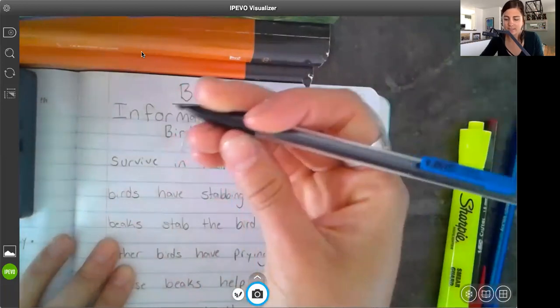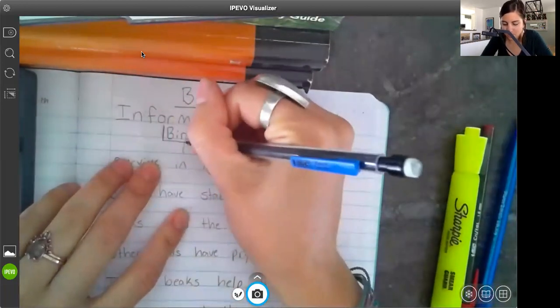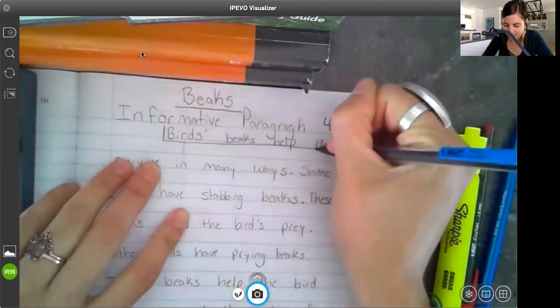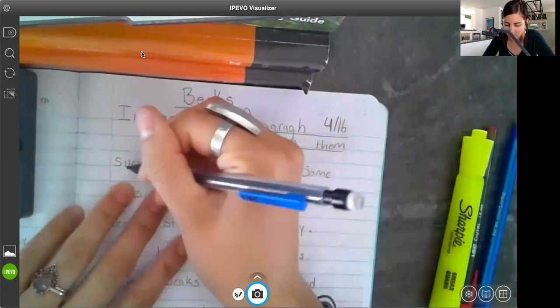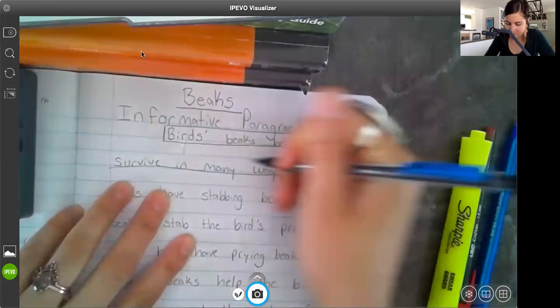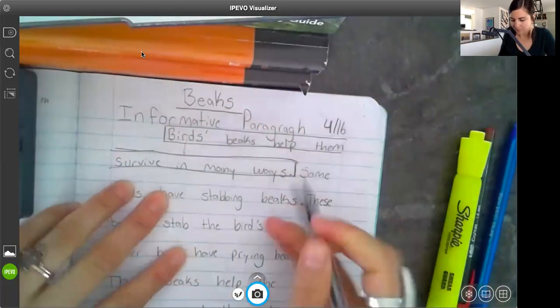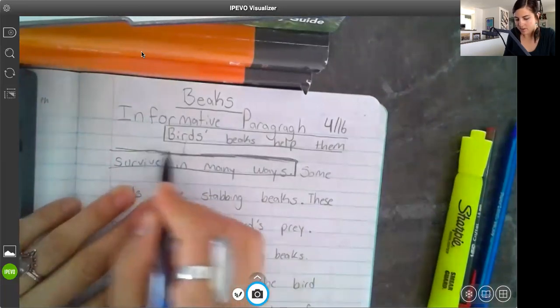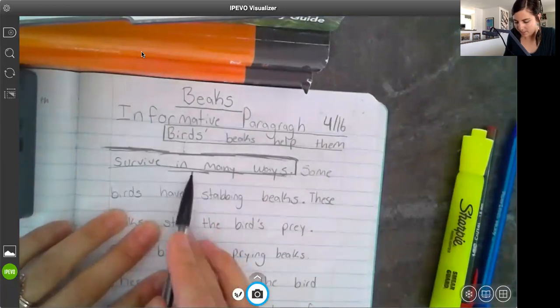If I only have a pencil, I'm gonna box this. So you can highlight this in a different color. You can underline it in a different color. I'm gonna box this because say some of you don't have different colors at your house, no worries. I'm gonna box it so that way I know that it is the topic sentence, right?